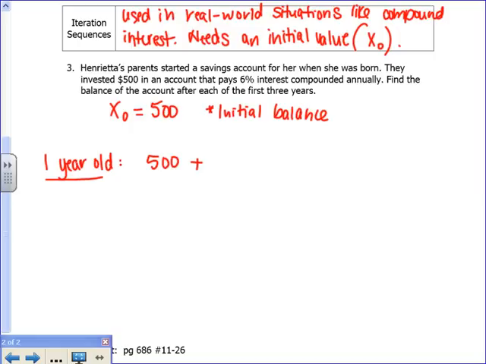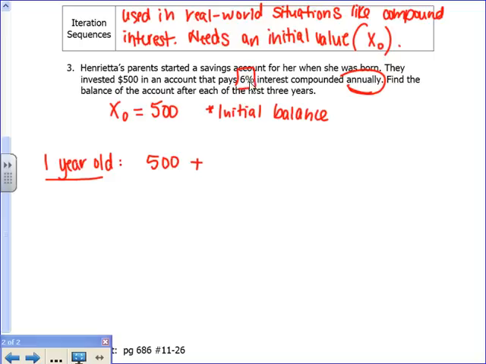So 500 plus. But plus what? Okay? What we need to do is it says because the account pays 6% compounded annually, meaning that once a year, annually is what that means, that interest is going to be put onto the account. So let's just say when she turns 1, it's put onto the account. 6%. So it increases by 6%. So this $500 is going to increase by 6%.